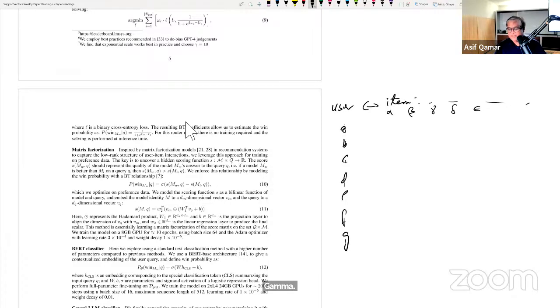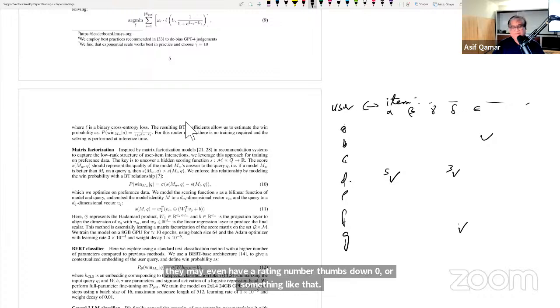Now, this user, D, may have just bought and liked this one. And this user may have liked this one, and this user may have liked this one, and this user may have liked this one. This is the kind of data you get. And they may even have a rating number, thumbs up, thumbs down, 0, or something like that, right? Or maybe 5, 3, whatever it is.